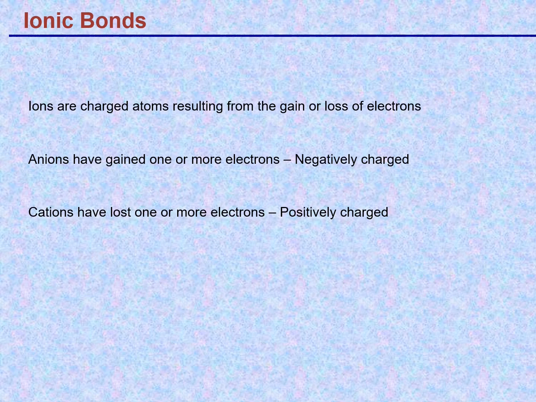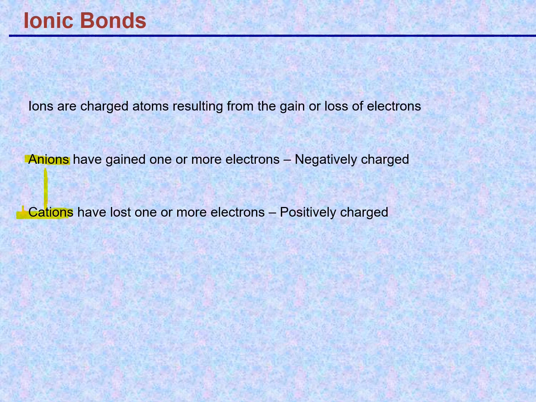And if an atom is a cation, it will have lost one or more electrons, so it's positively charged. And anions and cations interact. The cation loses an electron to the anion, and the anion gains an electron from the cation.